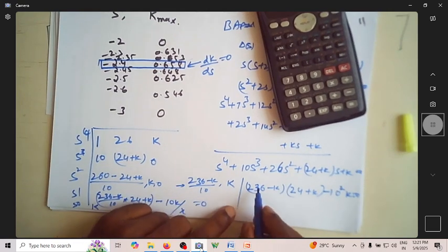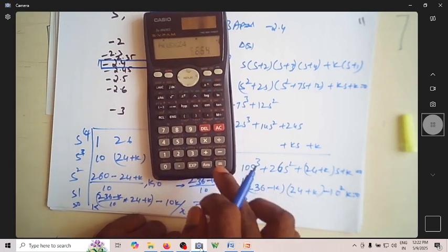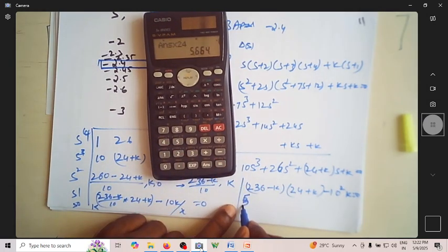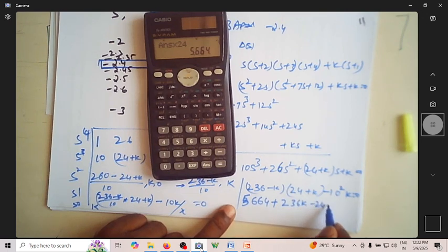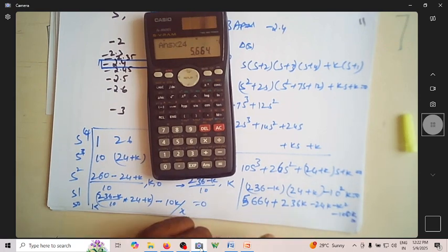So how much is 236 into 24? It's actually 5664, plus 236k minus 24k minus k square minus 100k equal to 0.